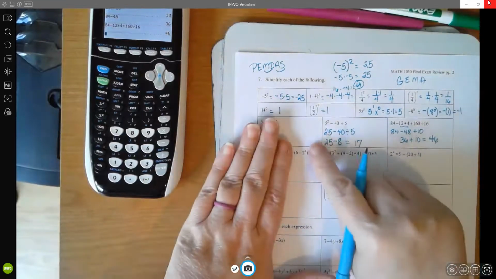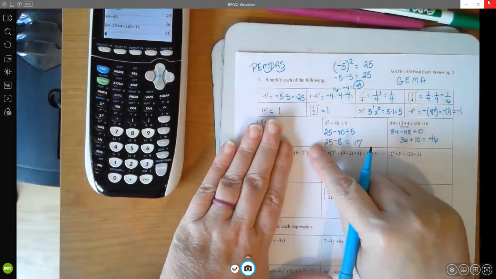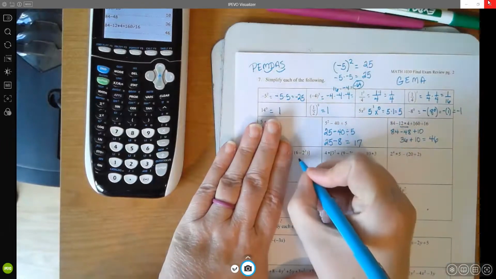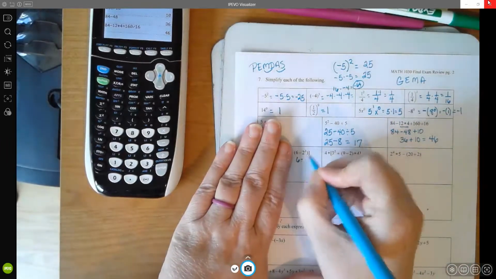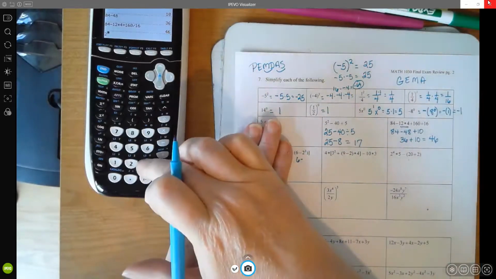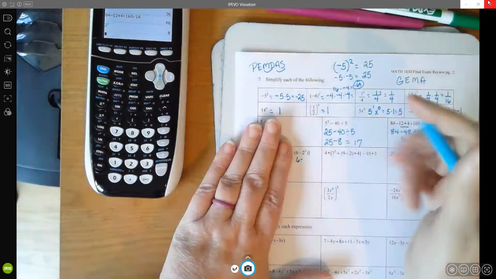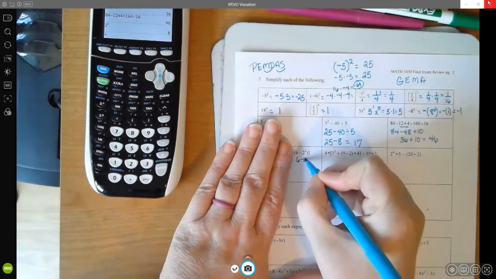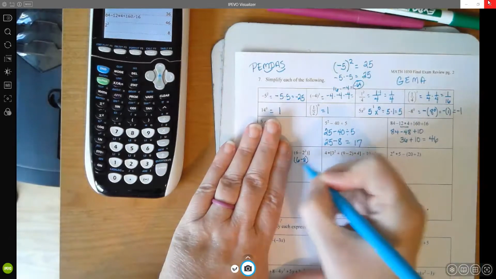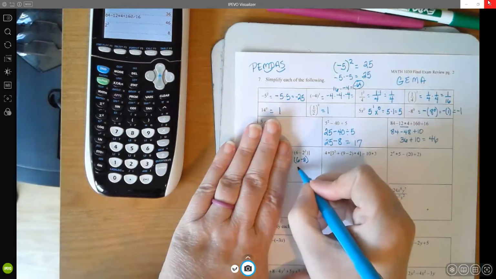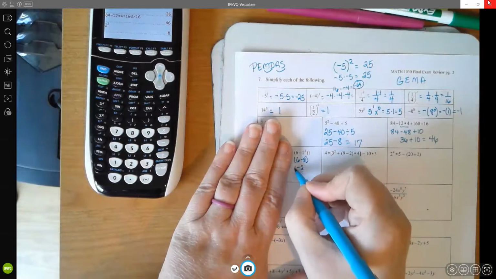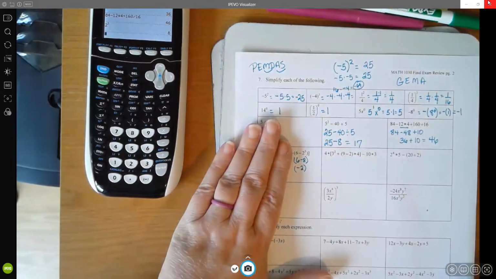I'm going to cover all that up, and I'm going to look inside this one, and I have an exponent. So I'm going to do the exponent first and get 6 minus 2 raised to the 3rd power, which is 8. And then since that's still in that parentheses, I'm going to do 6 minus 8, which would be negative 2. Notice I keep it inside that parentheses.